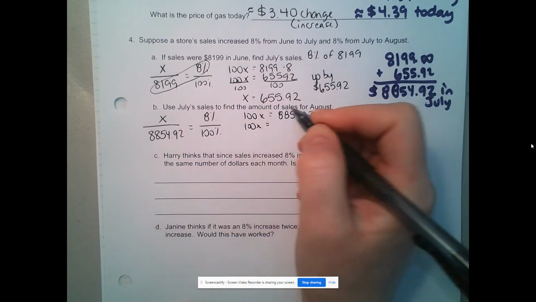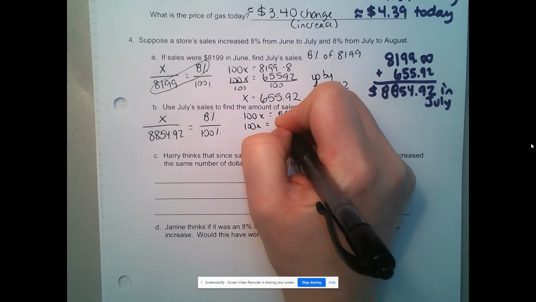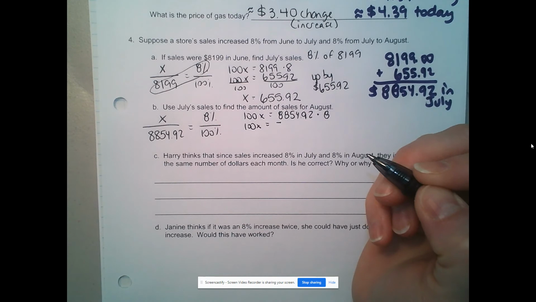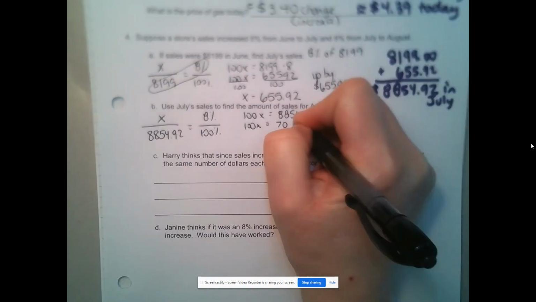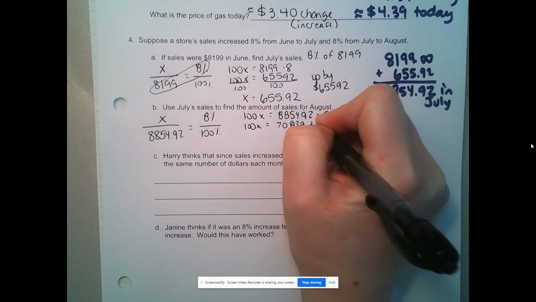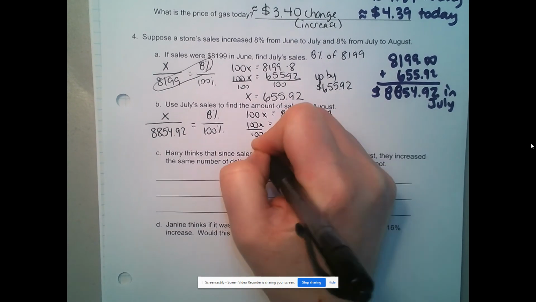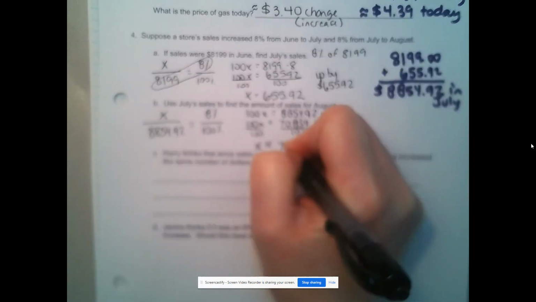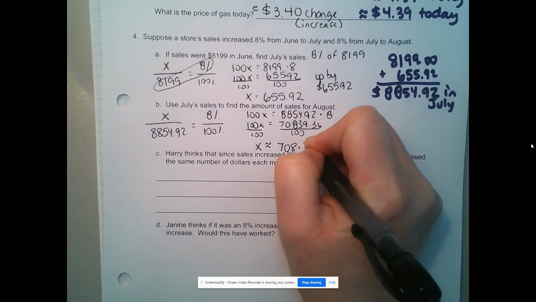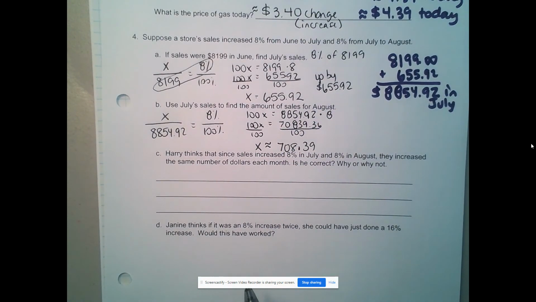Going to be a little bit messier. That's okay. When I multiply that by 8, I get 7839.36. Divide both sides by 100. I'm going to have to round because this is money. So $708.39.